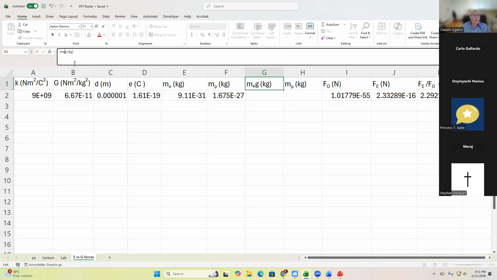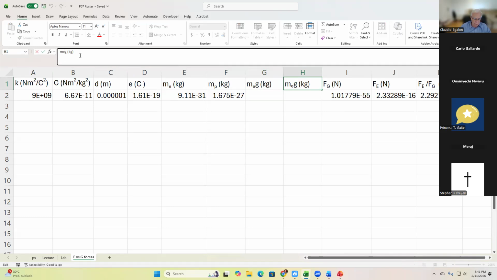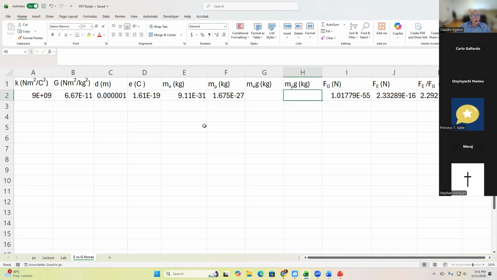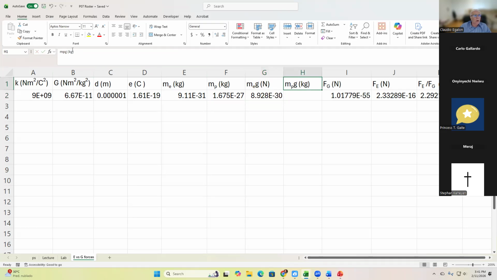Don't forget, lowercase g. And I'm going to do it for the electron and for the proton. And that's the second part of that problem. 9.8, right? Meters per second squared. Mass of the electron times 9.8. And by the way, it's not kilograms. Here is newtons. Here is newtons as well.